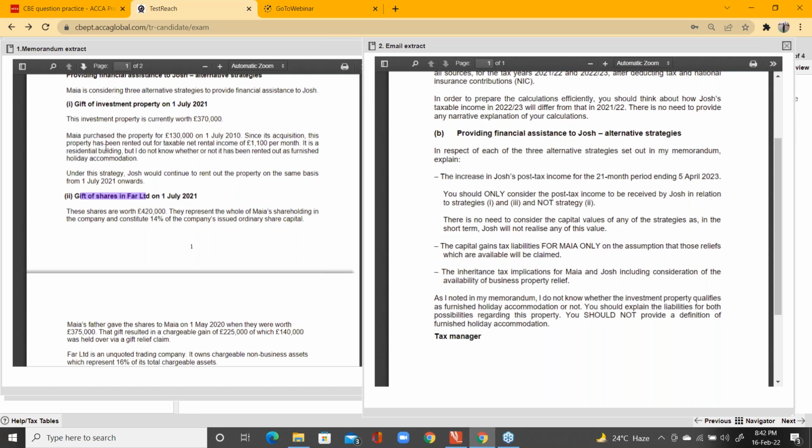For the first and third strategies, you should only consider the post-tax income, and no need to calculate post-tax income under strategy 2. There is no need to consider the capital values of any of these strategies, as in the short term J will not realize any of this value. It simply means we would not be calculating any CGT implications. We would not be discussing any CGT implication for J because he is not going to dispose of any asset.